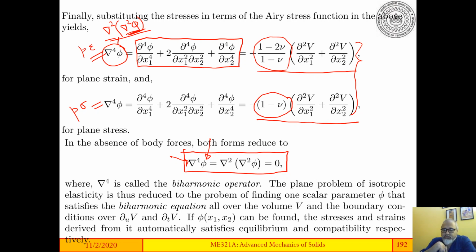That's the brute force situation that we will utilize first. It's not very clever, but it works. And then we will go on to show that more sophisticated techniques can, in some cases, be used in order to solve problems which are governed by the biharmonic equation.